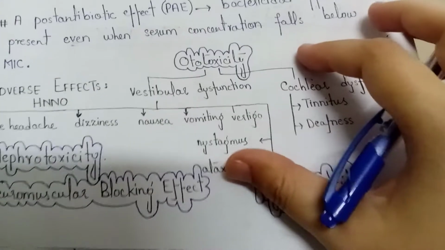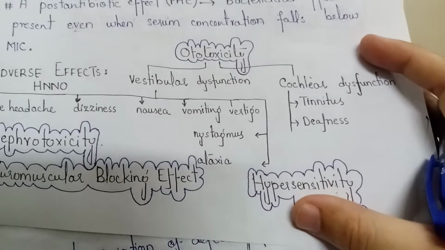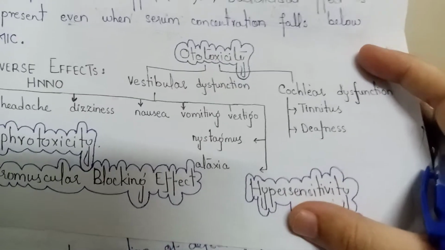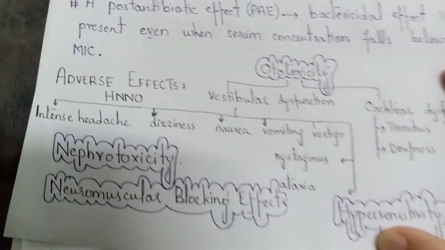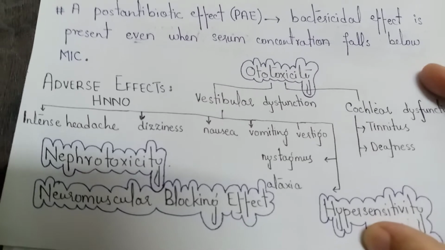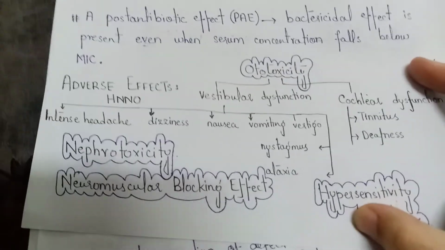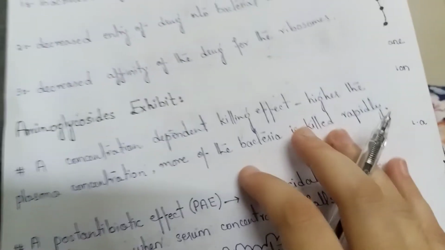Now, ototoxicity may be because of vestibular dysfunction, or it may be due to cochlear dysfunction. In cochlear dysfunction, we see tinnitus and deafness, while in vestibular dysfunction, there is intense headache, dizziness, nausea, vomiting, vertigo, nystagmus and ataxia. So these were all the adverse effects of aminoglycoside.